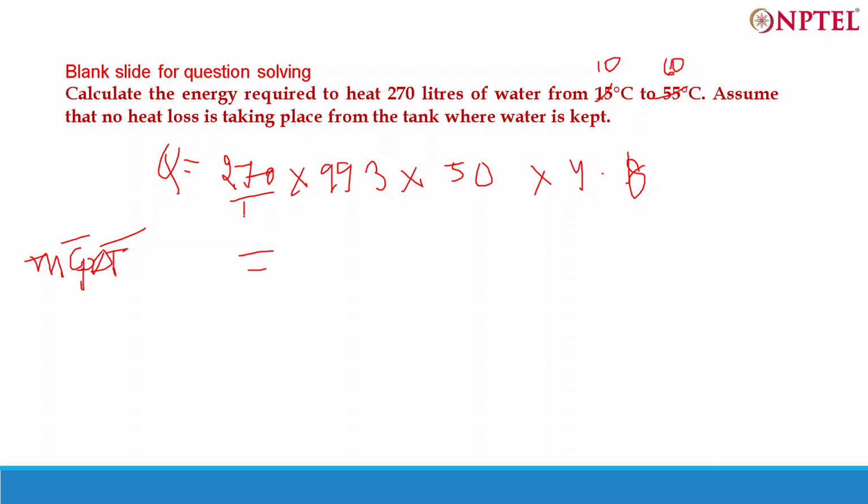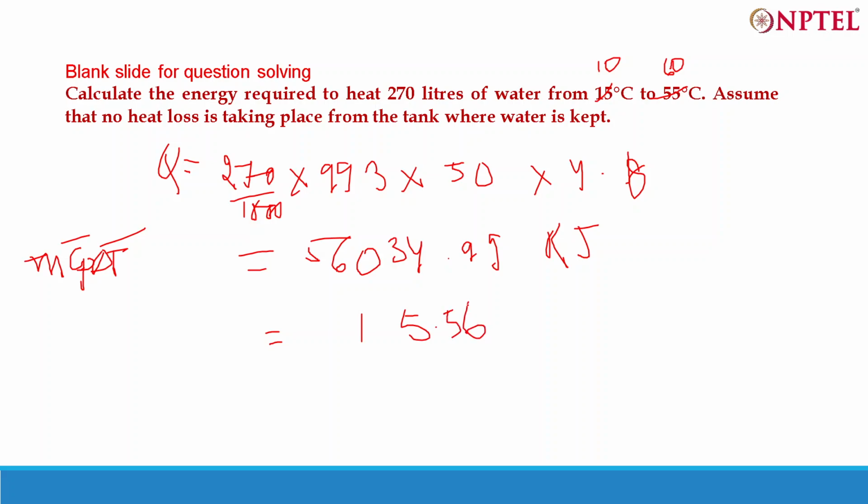Multiply it and divide by 1000. It comes to be 56034.99 kilojoule. If you want to convert it to kilowatt hour, divide by 3600, which gives 15.656 kilowatt hour.